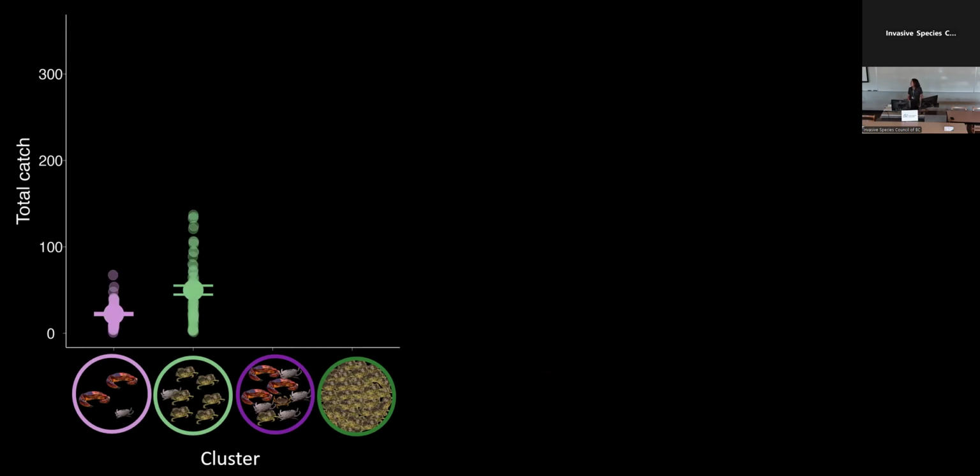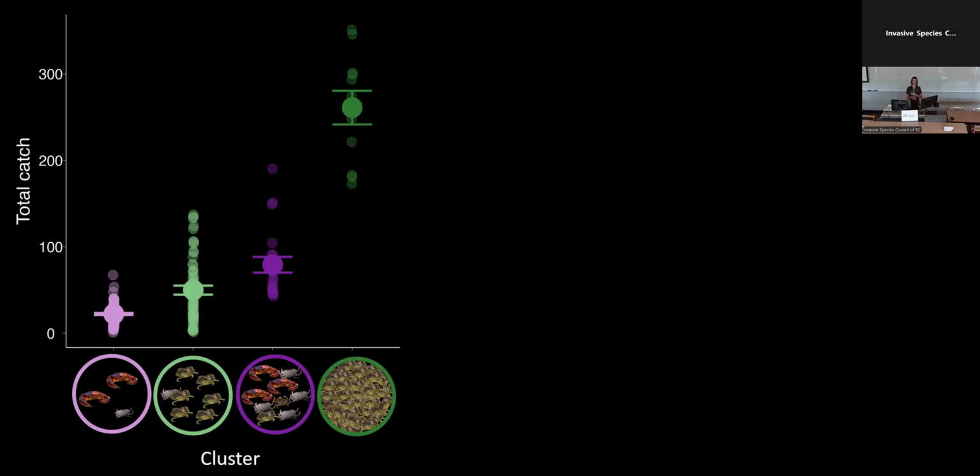So first, we've got the lower end of the communities. Our low native community, in light purple, we can see was catching fewer crabs compared to our low green crab community. And then for the higher end of our communities, we've got our native high shown in dark purple, and then that really, really high green point all the way up here is our green high community.